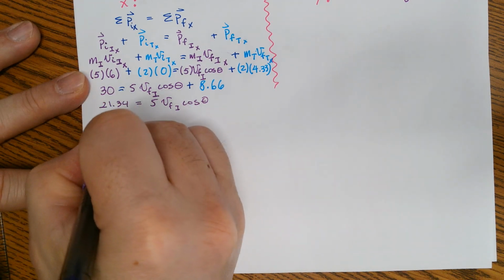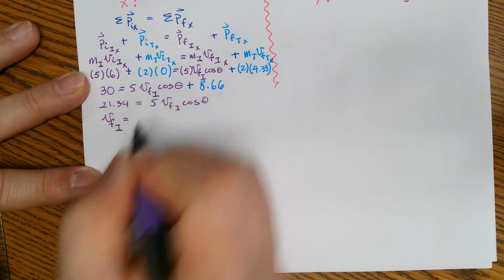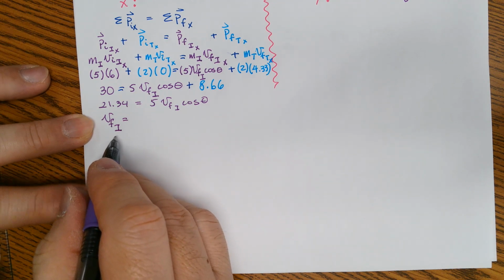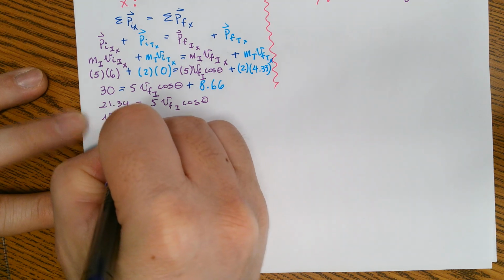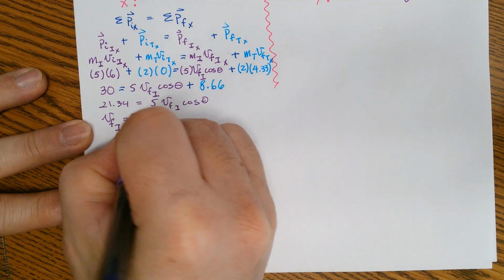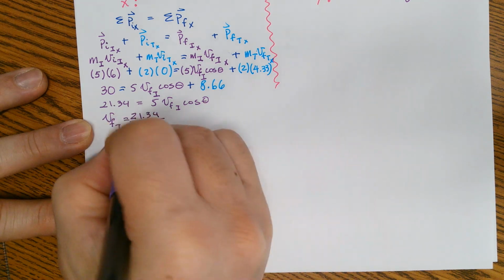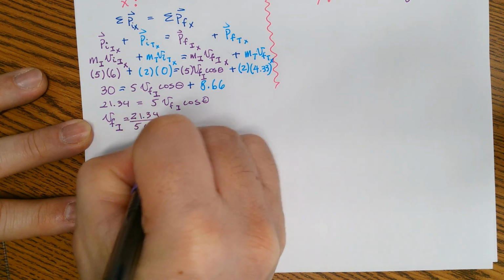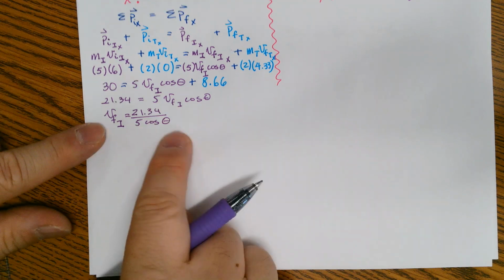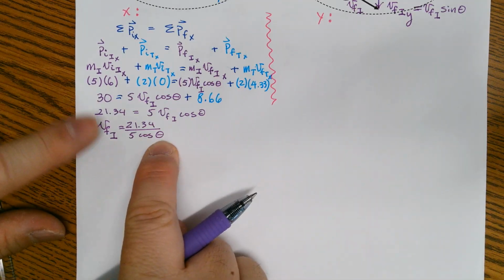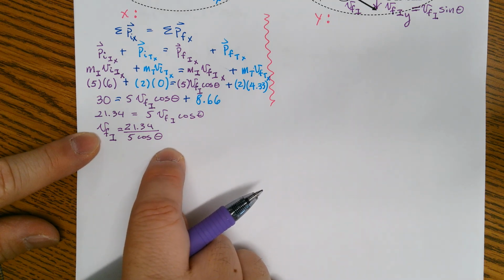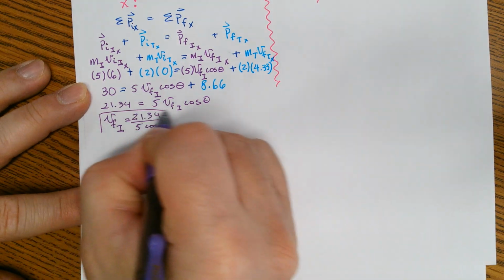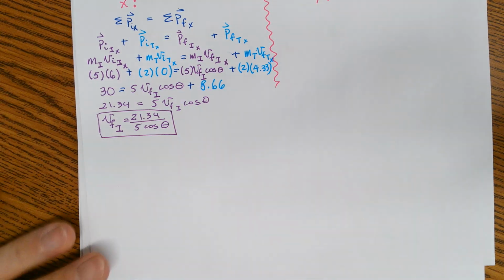So my V final incident is equal to 21.34 over 5 cosine theta. I have two unknowns here. I don't know VFI and I don't know theta. Did you check my math? Am I okay? Yeah. Okay. So I only have that.